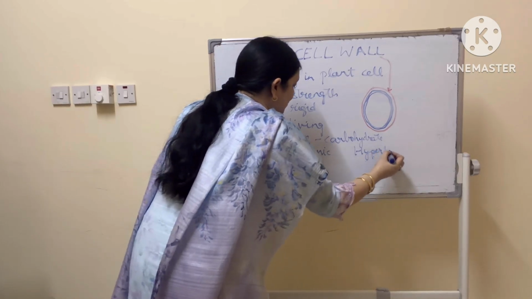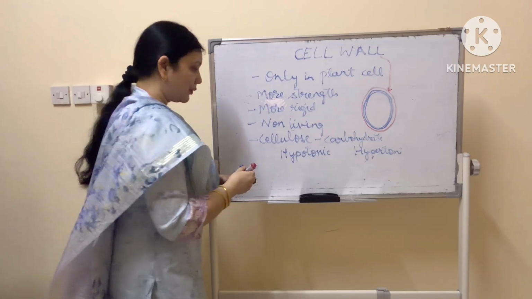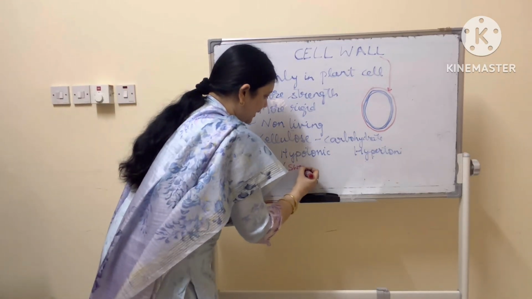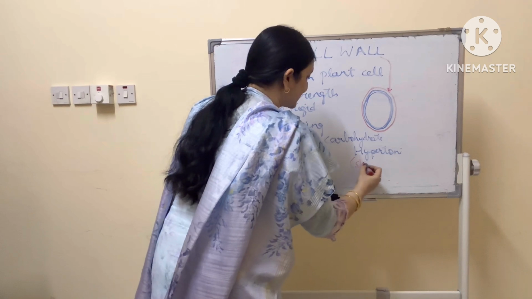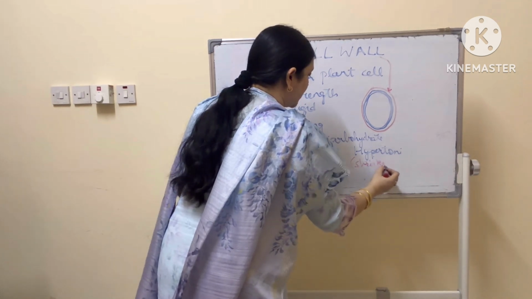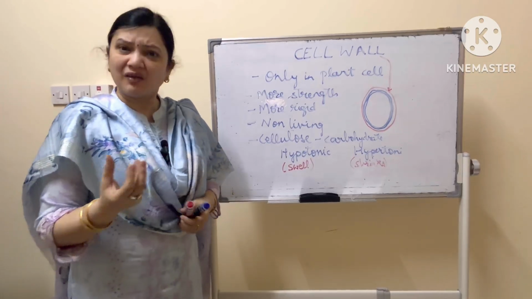In hypotonic solution, what happens? The cell swells up. Remember, if you have revised, the cell swells up in hypotonic, whereas the cell shrinks in hypertonic. So in this condition, when the cell has to shrink, where will the poor cell go?